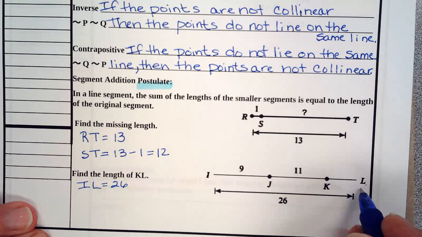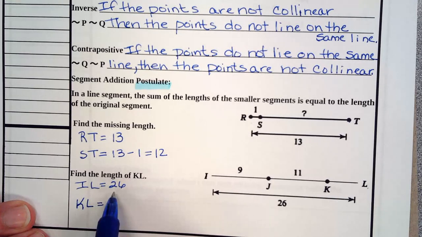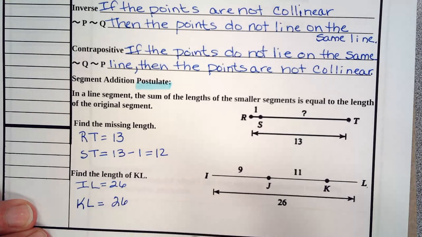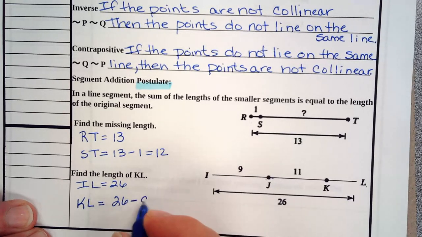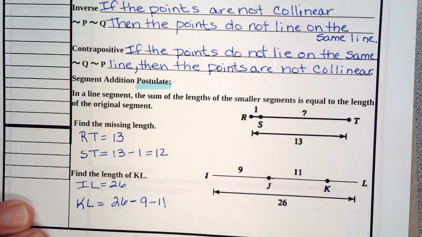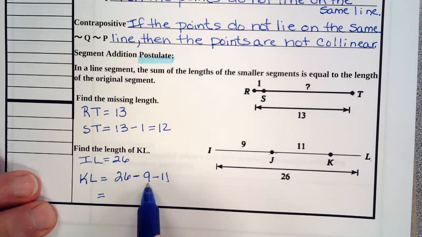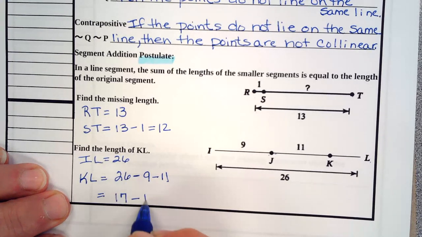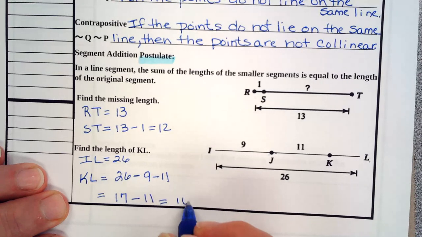So to find KL, I start with the whole thing, and I subtract both of these pieces. Okay, 26 minus 9 will be 17. 17 minus 11 will be 16.